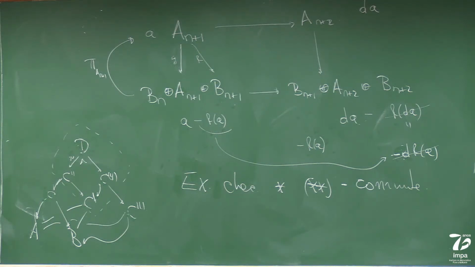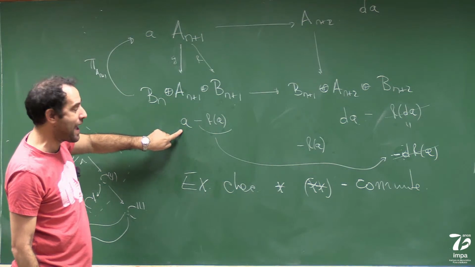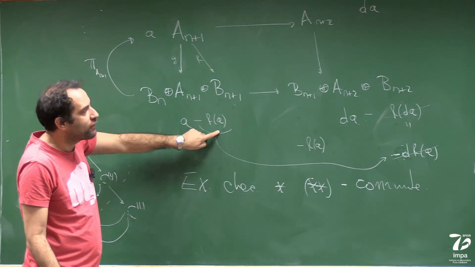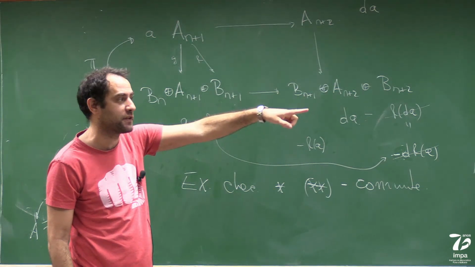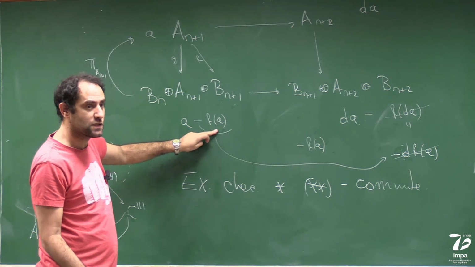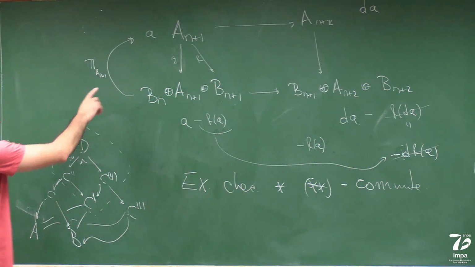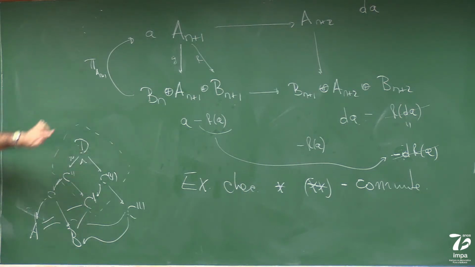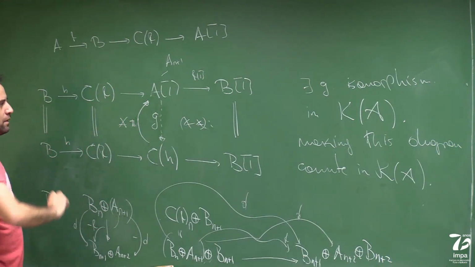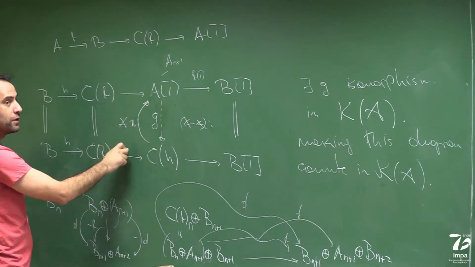Now the other way around, if you apply the projection and then come back here, you don't come back to the identity, you come back to A minus f of A. But we've already checked, when we checked that the cone was quasi-isomorphic to 0, that the map that sends A to A minus f of A is homotopic to just sending back to A. So it's clear that this G is inverse to this pi. And you can use that the projection into the middle factor is the inverse of this G to check that this diagram commutes.